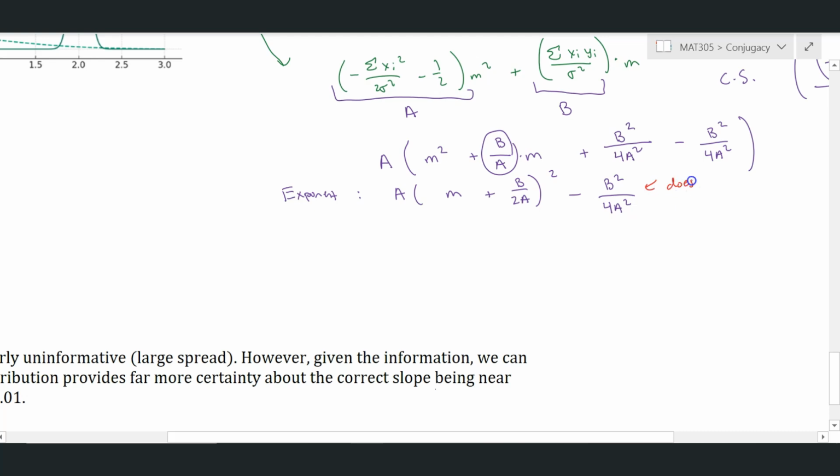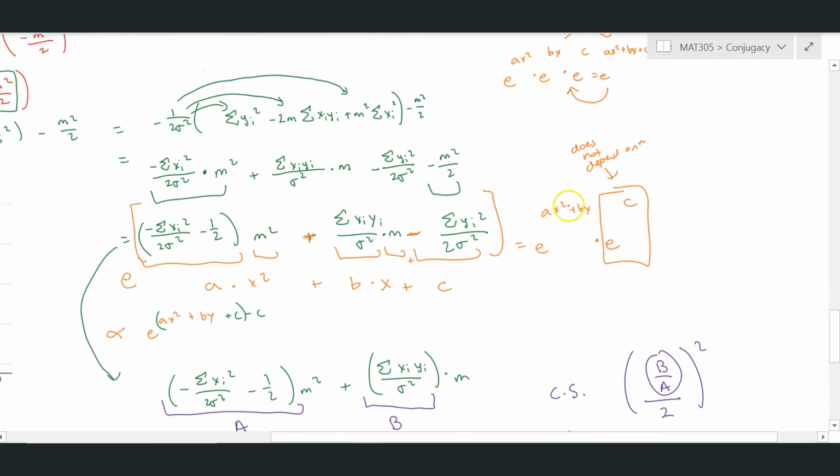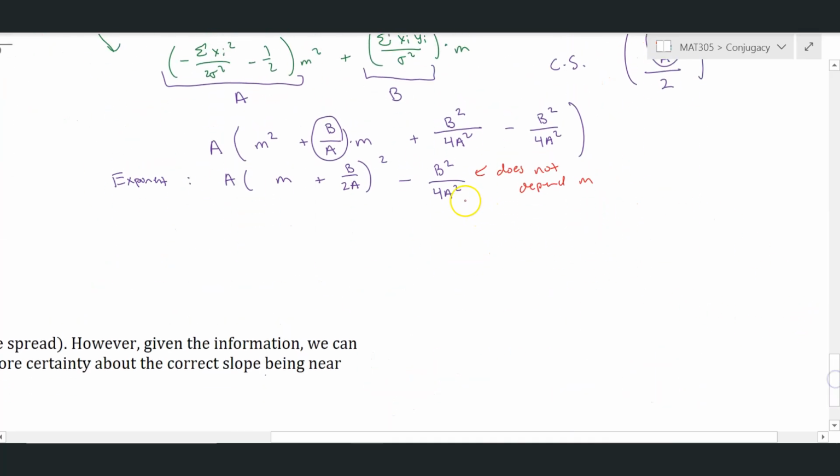And remember, anything that does not depend on m can be broken up like we did here, where we can apply this property again. This is all just the exponent, so we can take this e to the negative b squared over 4a squared and factor that out. So what we really just need to focus on is this piece right here.